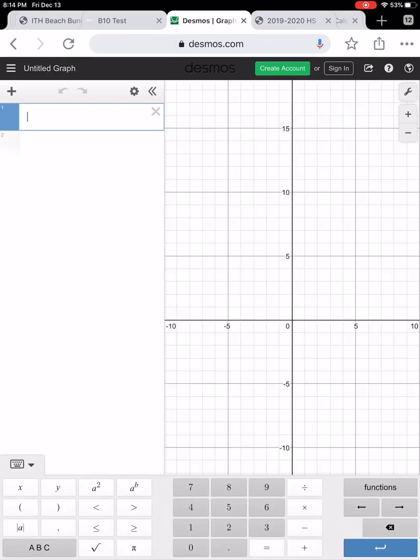All right, so we're graphing this problem using Desmos. So we've got (x + 2) raised to the power of 3/2, which is 1.5.